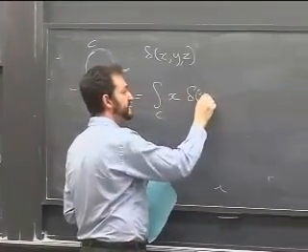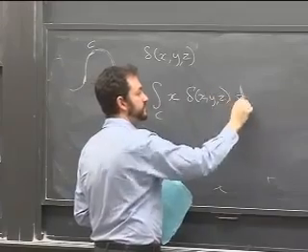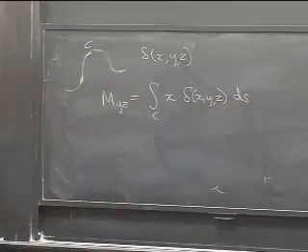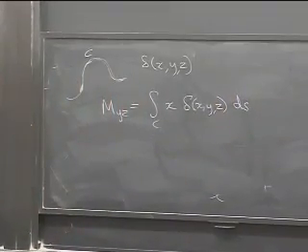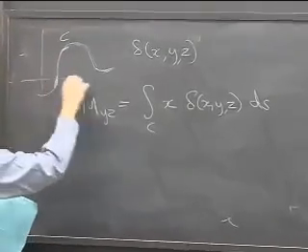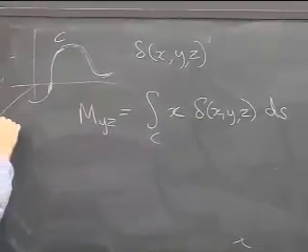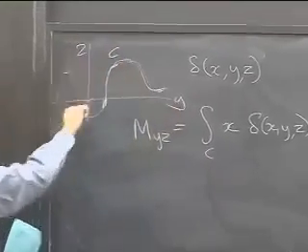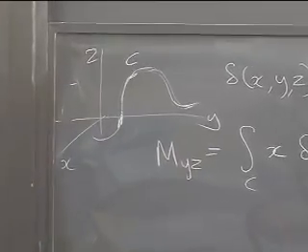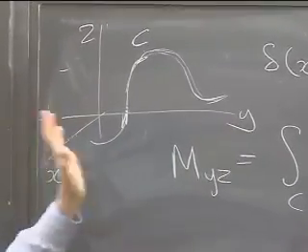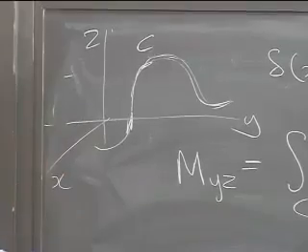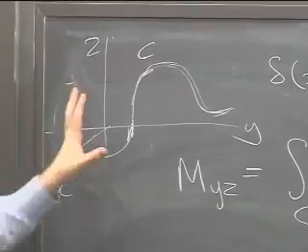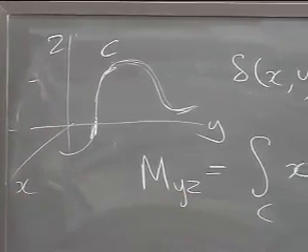But luckily, the formula is exactly the same as it was to get the YZ moment. So there's some YZ plane. Here's X, here's Y, here's Z, and the wire is in space. And if I want to know the first moment about the YZ plane, it has the same formula that it did.